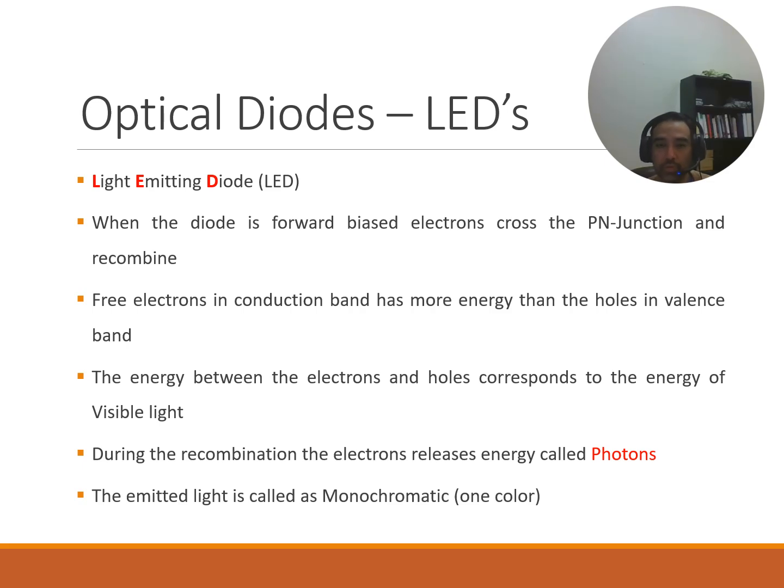Just a little bit of a review from before. So what's the question? Free electrons in the conduction band? Great question, I can relate that too. We know that free electrons in the conduction band have more energy than the holes in the valence band. Remember, the conduction band is the part where they can move around and carry the energy.